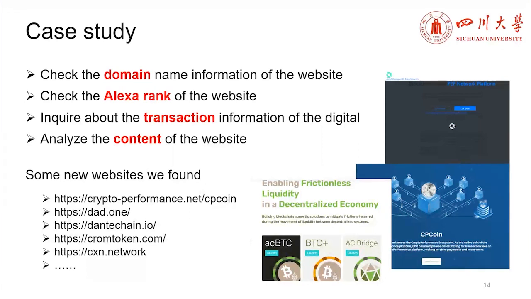By analyzing the website's text, image, domain name features, website rankings, and transaction information, we can make a relatively accurate judgment about whether the website is a digital currency fraud website. We also found some new websites as shown below. The home page of the website is shown in the figure. These websites are very confusing, and they seem to be no different from normal websites, and it is difficult for people with a lack of network security knowledge to distinguish them.